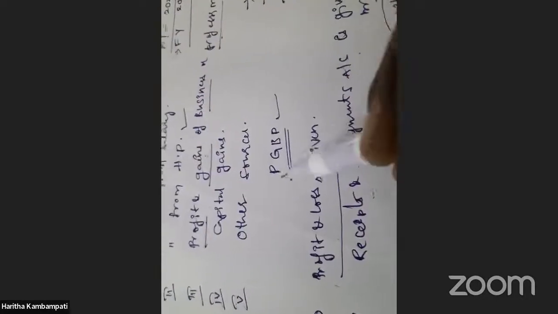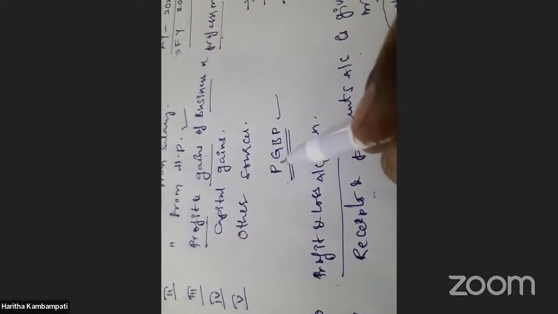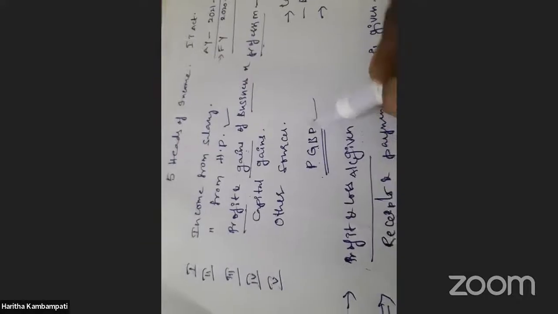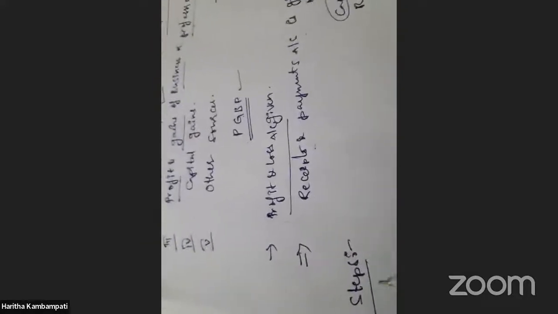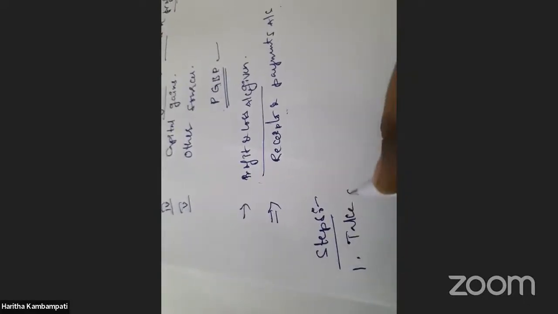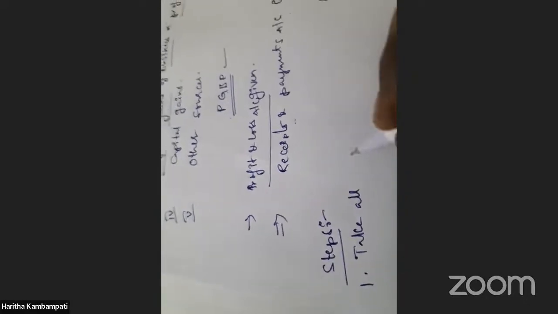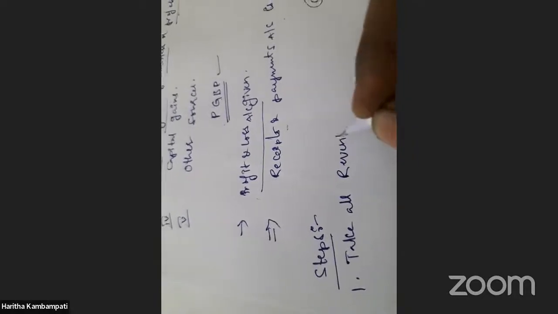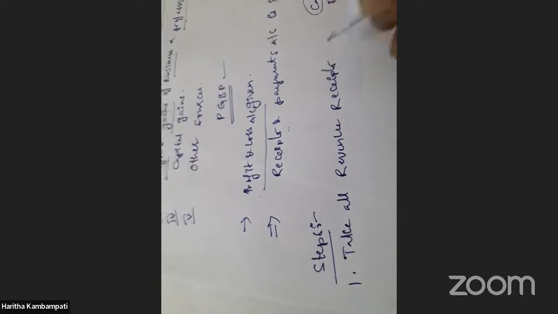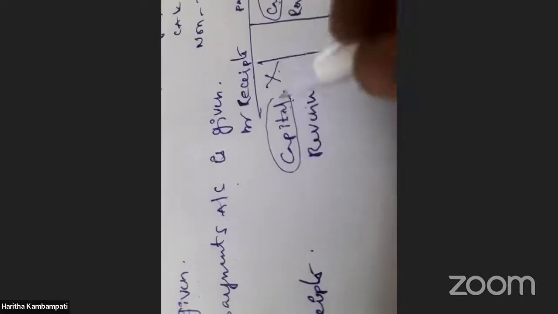These are essential in order to compute income from profits and gains of business or profession. The first step is we should take all revenue receipts, which means we should ignore capital receipts.